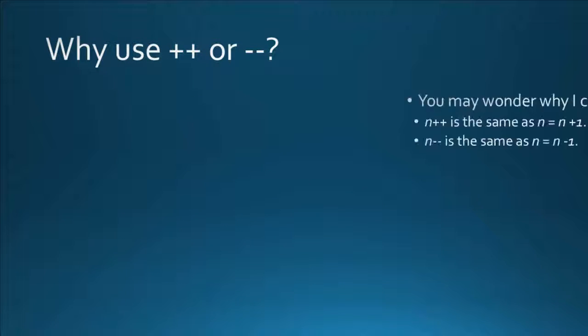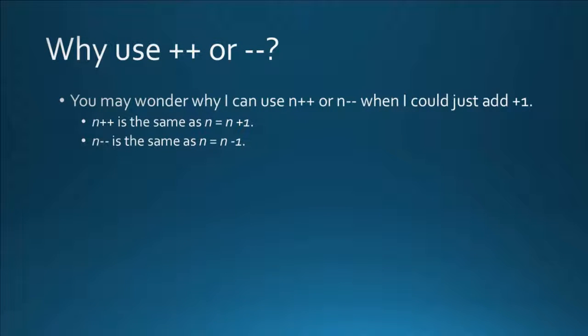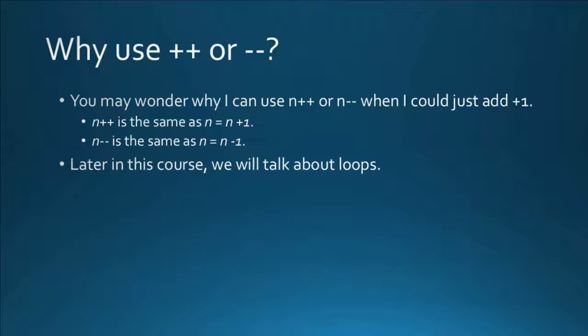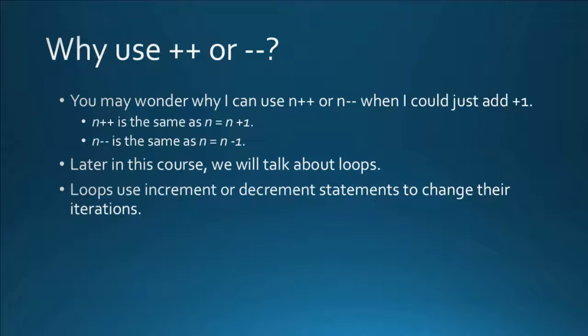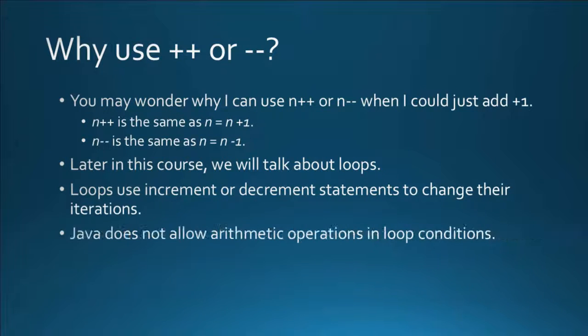All right, why use ++ or --? You may wonder, why should I use n++ or n-- when I can just add 1? Because n++ is the same as n = n + 1, and n-- is the same as n = n - 1. Later in this course, we're going to discuss things like loops, and loops use increment or decrement statements to change their iterations.